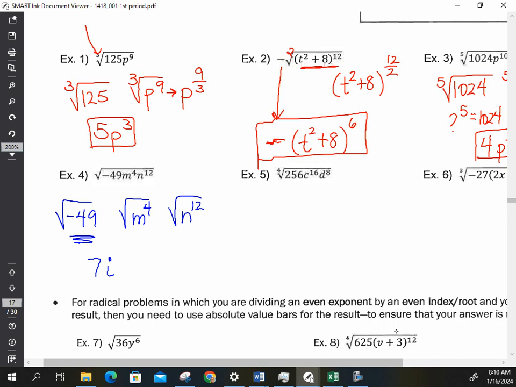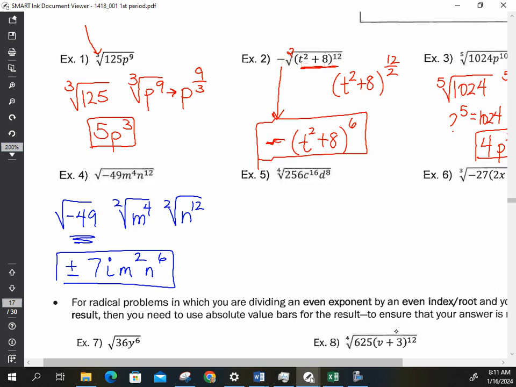M to the 4th. 2 goes into 4 twice, so m squared. 2 goes into 12 6 times, so n to the 6th power. So again, since this is an even radical, even index, we put plus or minus in front.